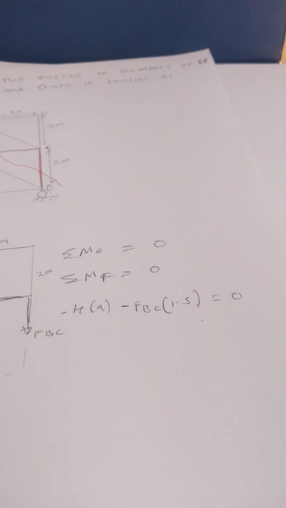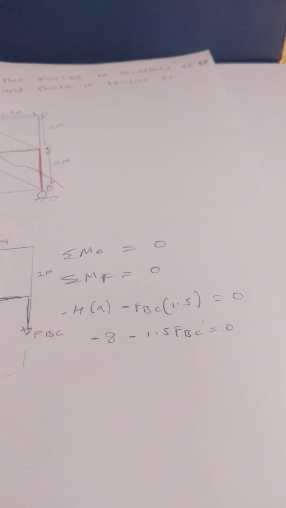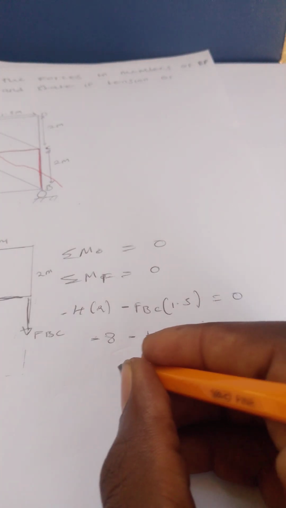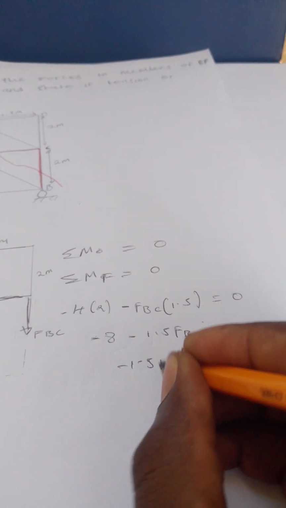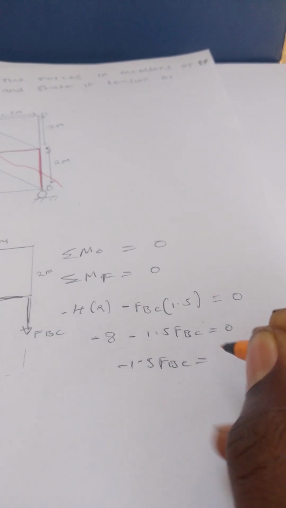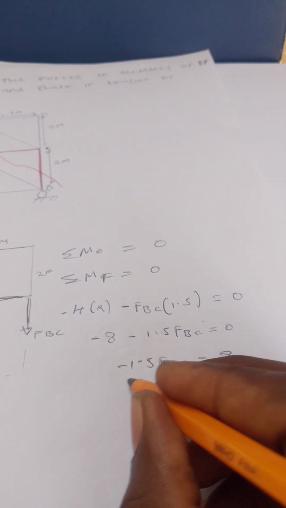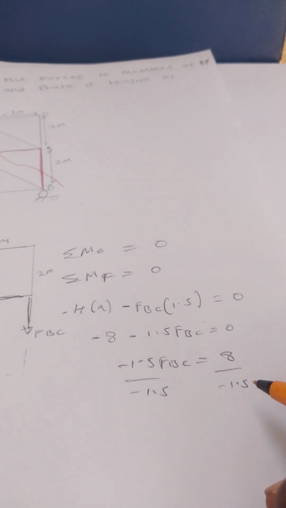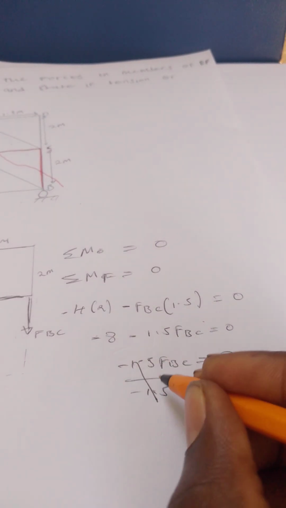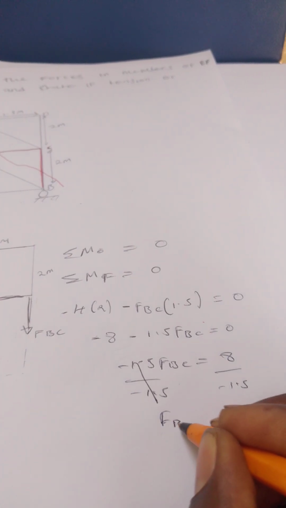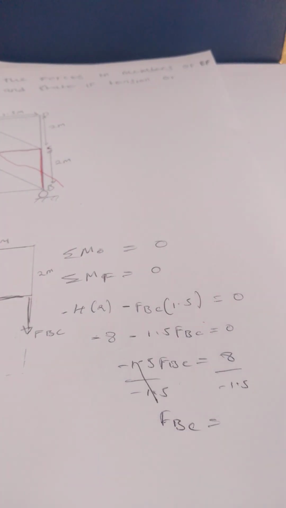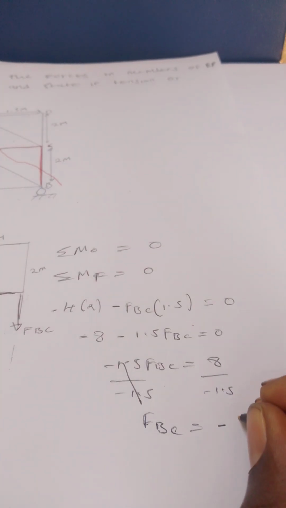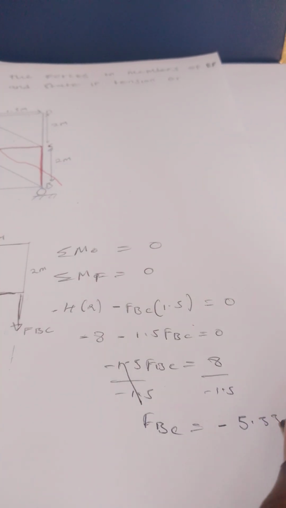So if we compute this, let's see our result. We're going to have 8, so we'll take the 8 to the other side, which will be positive, then we'll divide by negative 1.5. So we cancel there, so that we remain with FBC is equal to negative 5.33.